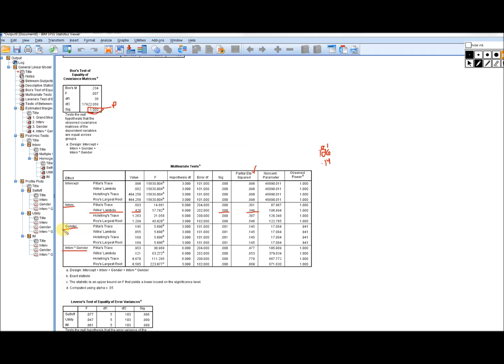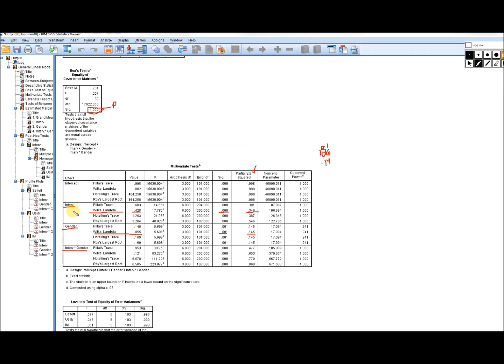Then we have gender as our independent variable, and so here you can see that again there's our Wilks lambda value, and you can see that the effect of gender was statistically significant. And when we look at the effect size, it was also quite large.